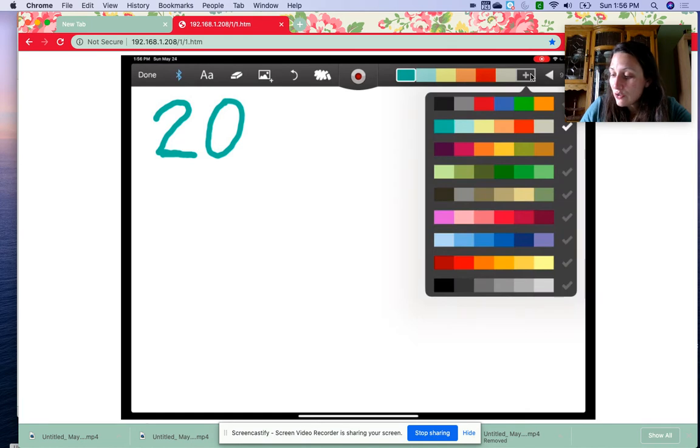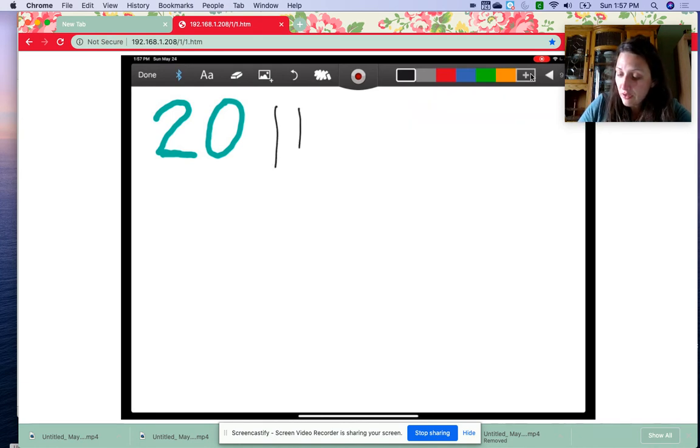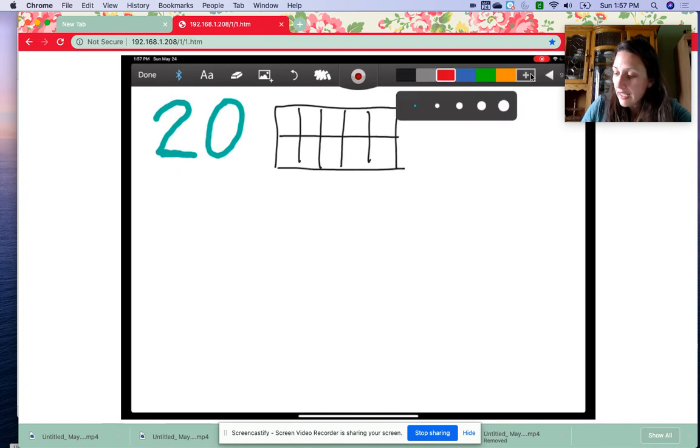Now we need 20 counters, and we always make our counters in nice, neat rows of 5. So I'm going to make a tens frame to help us with that. 1, 2, 3, 4, 5 columns, and then I'll make some horizontal lines across and a horizontal line in the middle. And I am ready to start putting my counters in.